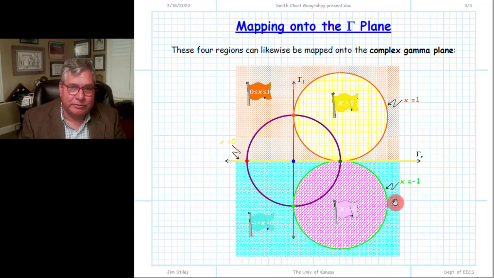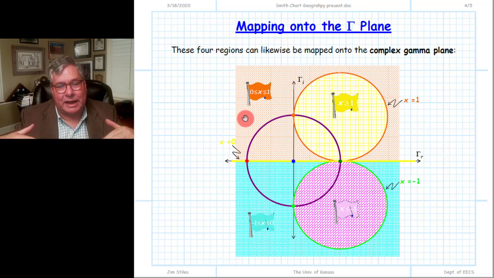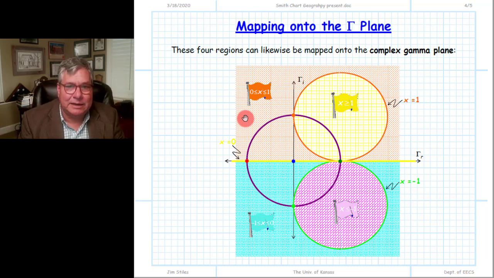There were two regions in the complex impedance plane, the yellow region and the orange region, that lie above the horizontal axis and therefore lie completely in the inductive region of the complex impedance plane. Notice those two regions also lie completely in the inductive region of the complex gamma plane.